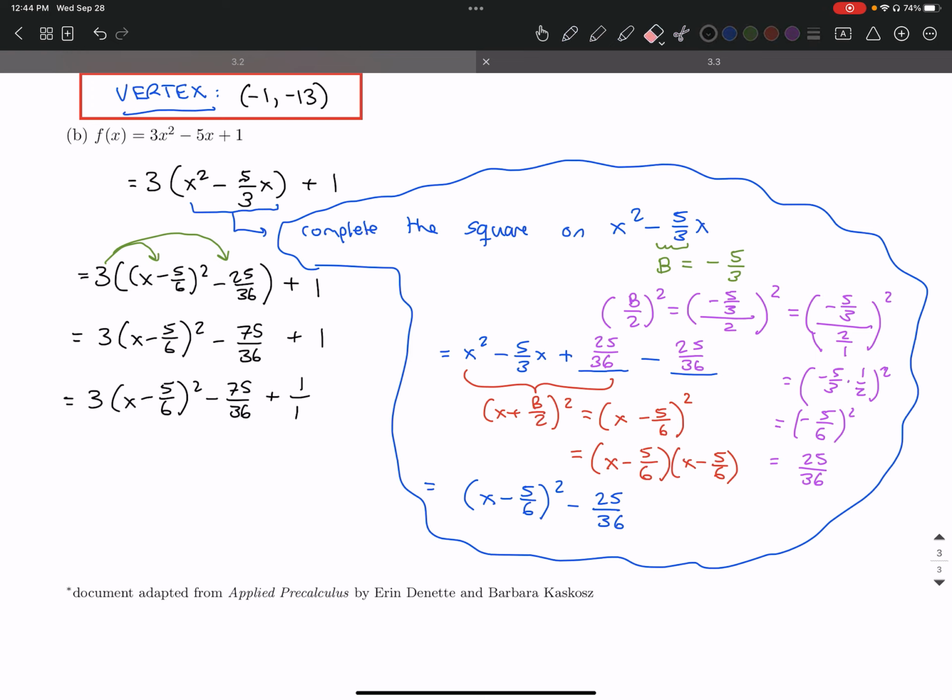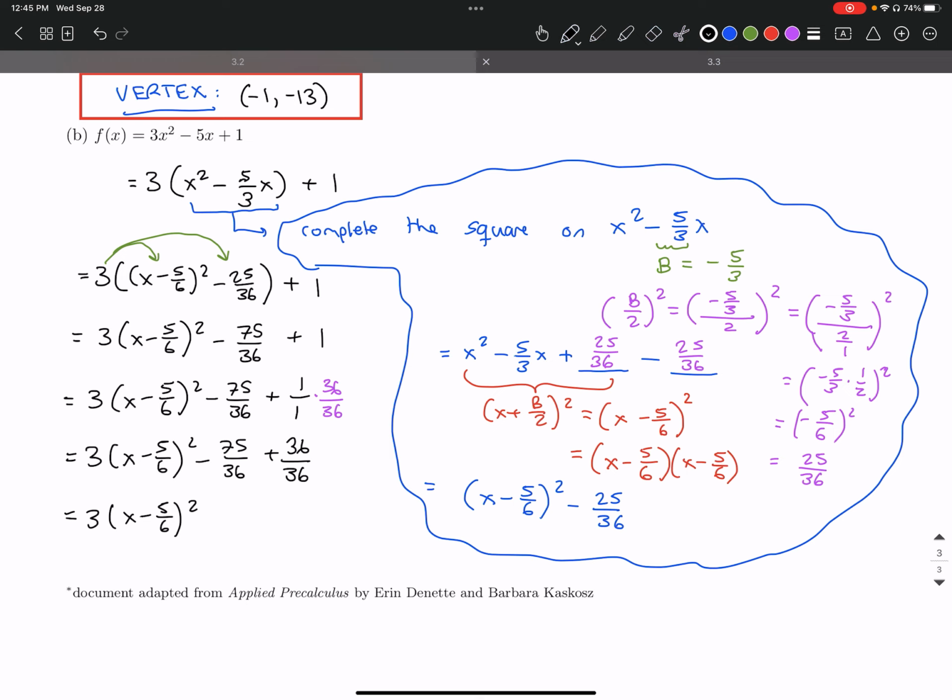The common denominator between negative 75 over 36 and 1 over 1 will be 36, since that's the smallest number that 1 and 36 both go into evenly. I will multiply the top and bottom of 1 over 1 by 36 in order to make that happen. And then I'll have minus 75 over 36 plus 36 over 36.